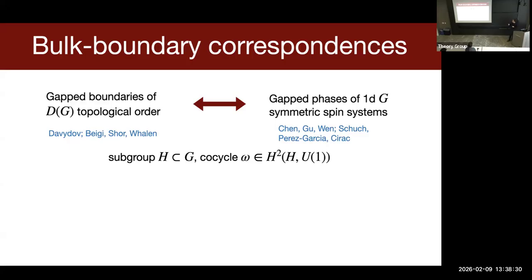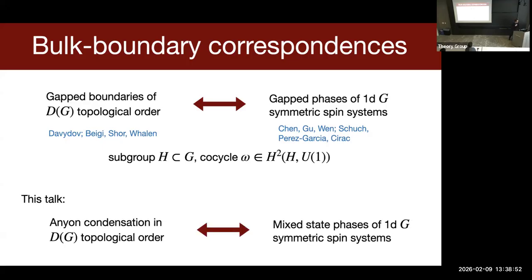Okay, so it turns out that both of these two objects are characterized by the same type of mathematical object. And part of the goal of this review in the first part of the talk will be to make it transparent why this should be the case.